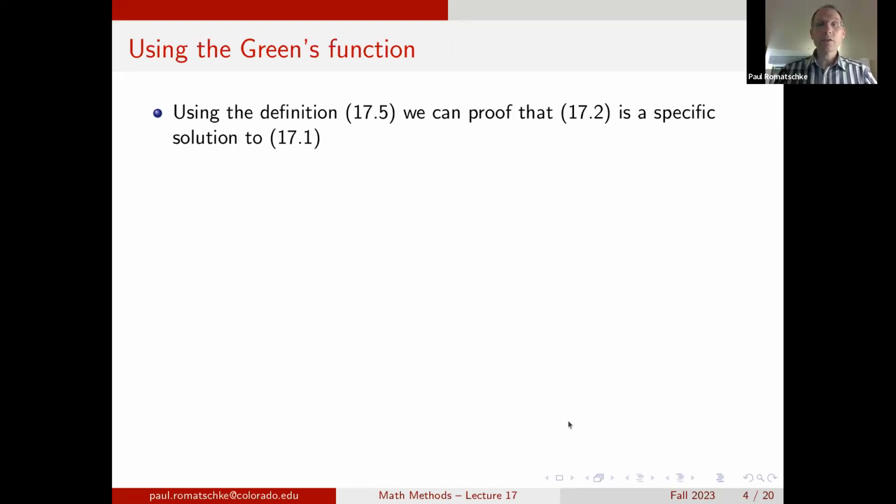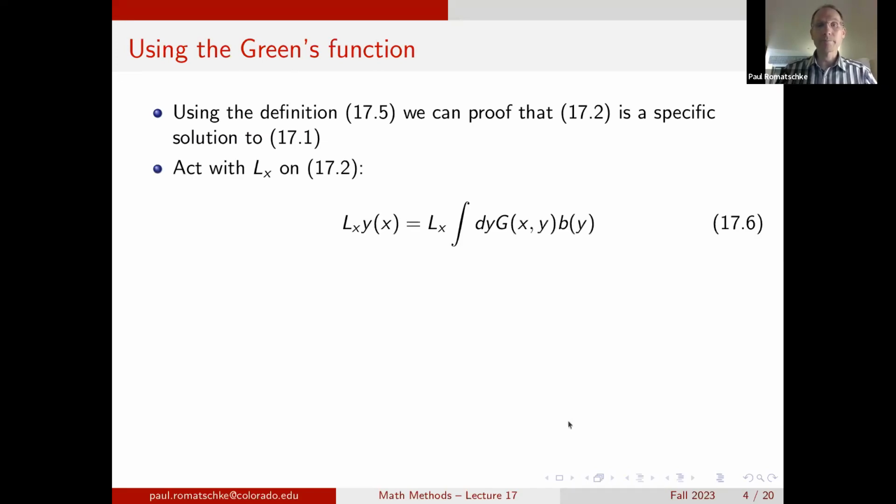Once we have this definition, we can actually prove that equation 17.2 is a specific solution to the inhomogeneous differential equation 17.1. To do that, act with the differential operator on the specific solution 17.2.